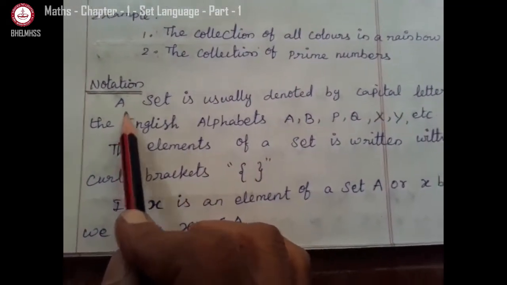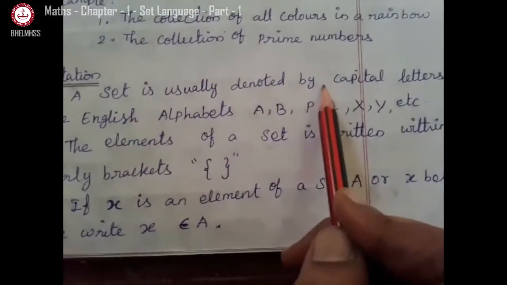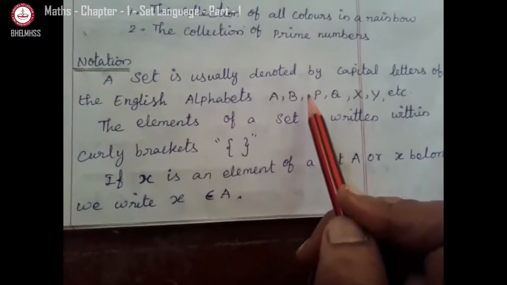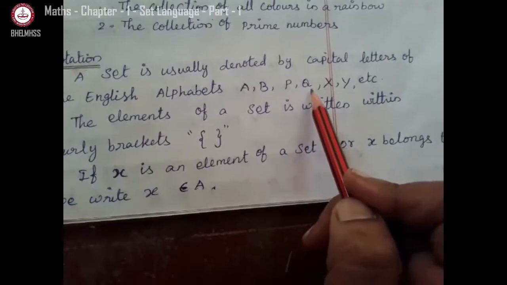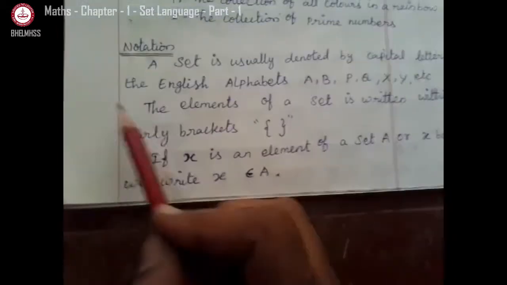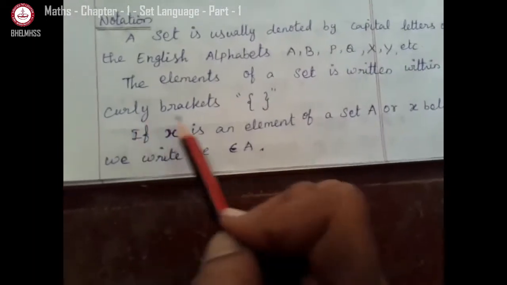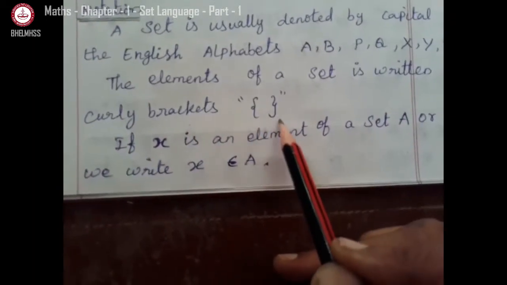A set is usually denoted by capital letters, the English alphabets A, B, P, Q, X, Y, etc. The elements of a set are written within curly brackets. This is the curly bracket.